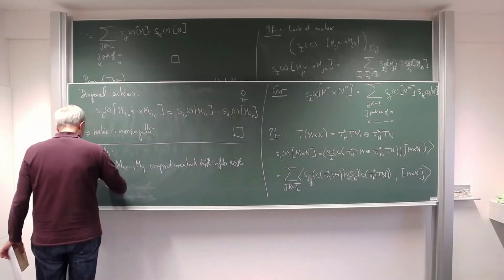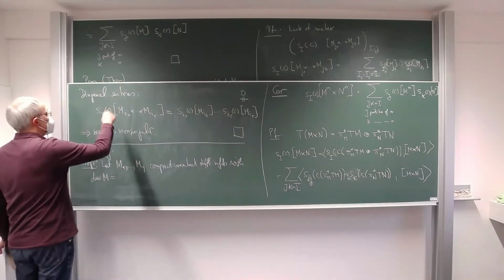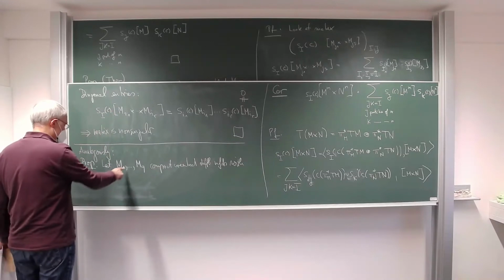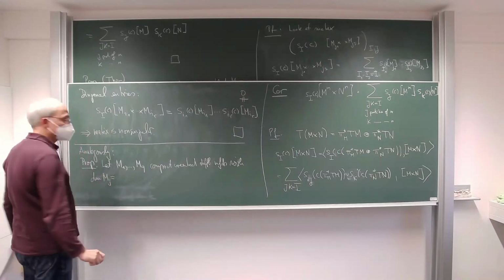Now I have to take the dimension. In the previous case, I had to take complex dimension j, so 2 times the real dimension.